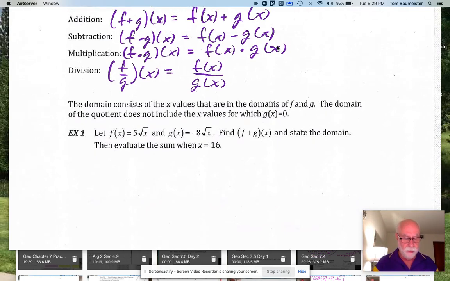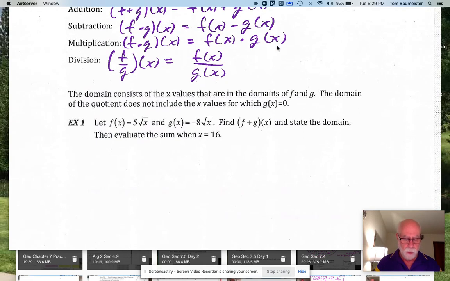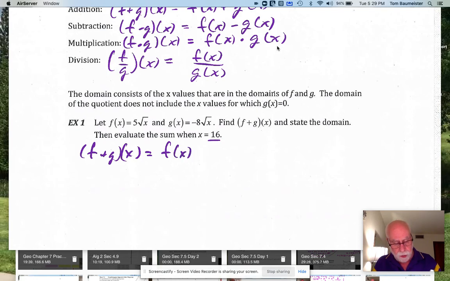So let f of x equal 5 times the square root of x, and g of x equal negative 8 times the square root of x. Find f plus g of x and state the domain, then evaluate the sum when x is equal to 16. So what they're telling us is we have f plus g of x, which we can write as f of x plus g of x.